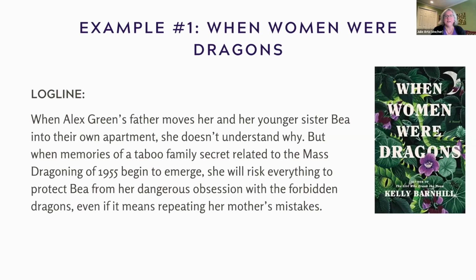And then these family secrets start to emerge in Alex's memory about this mass dragoning of 1955. And we know that she's needing to protect her sister, but also that there's something to do with her mother.